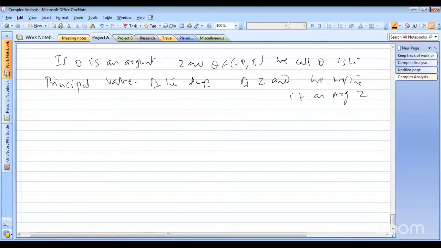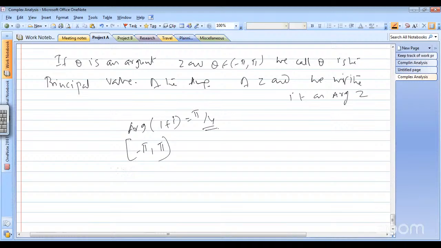So the argument of 1 plus i is equal to pi by 4. The interval is open at minus pi and closed at pi for the principal argument of z.